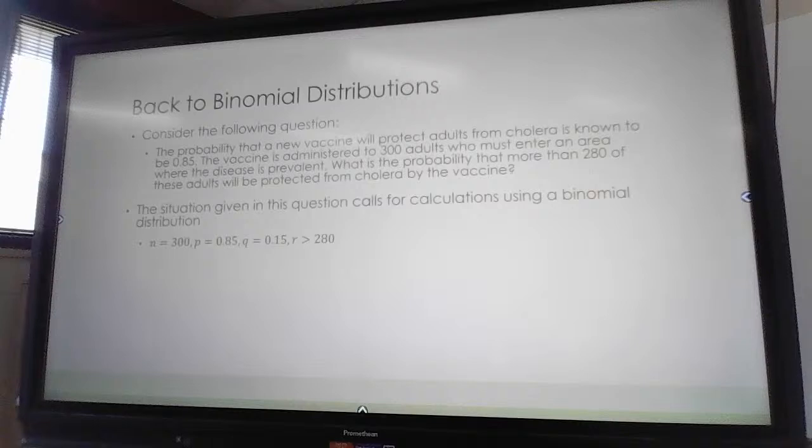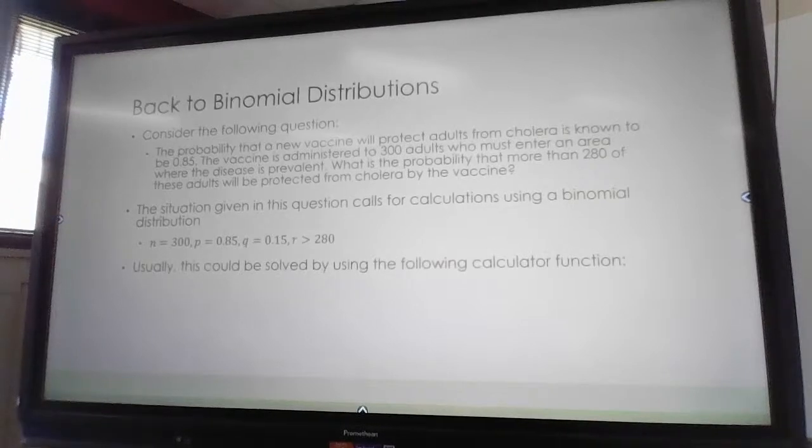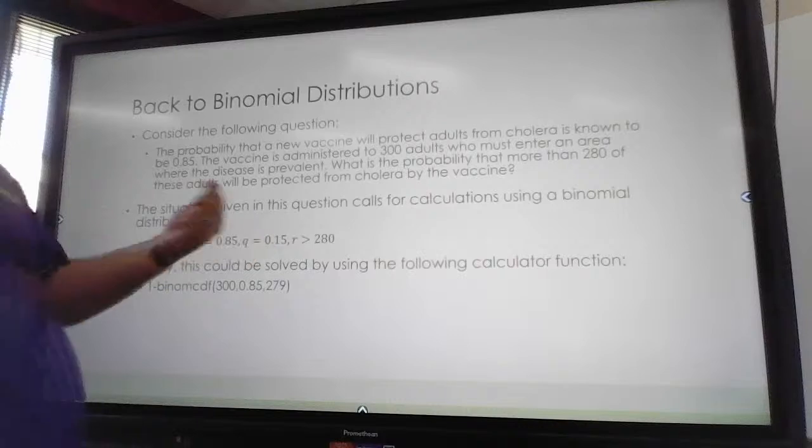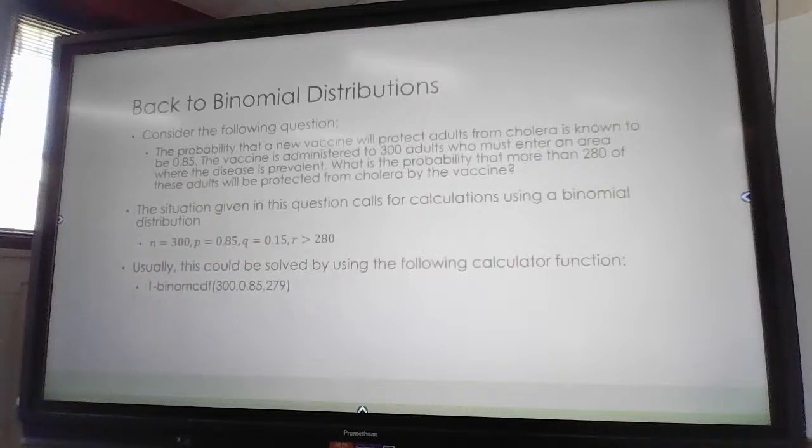Our n is 300, our p is 0.85, our q is 0.15, and the number of successes that we want is greater than 280. Now, usually, we can use a binomCDF to calculate this. Because this is a greater than case, we look for the less than case and subtract it from 1.